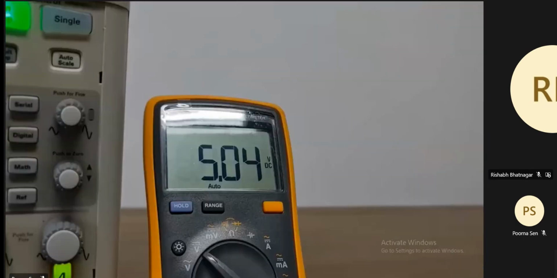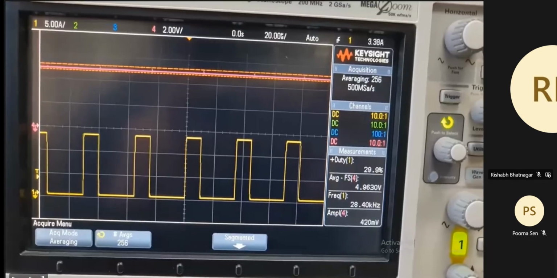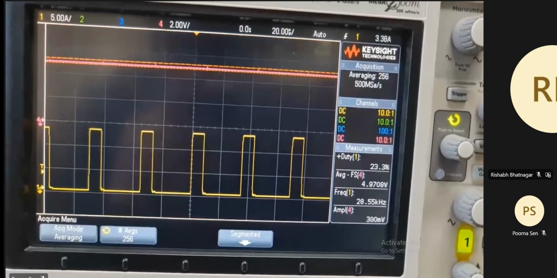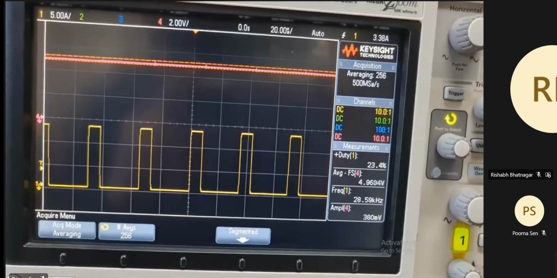So if I increase the load and decrease the load, you can immediately see the variation in duty ratio. Right now the load is higher, that is 120 milliamperes. Now I am reducing the load from 120 milliamperes to 80 milliamperes. You can see the duty ratio change from 29 to a lower value.